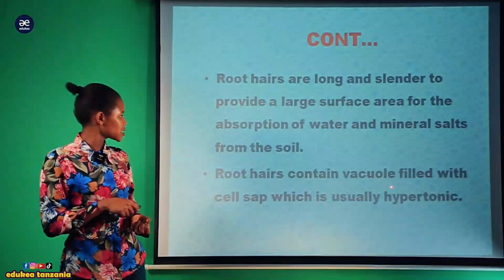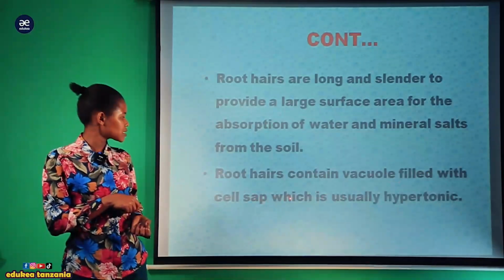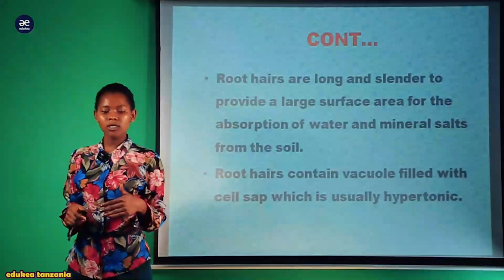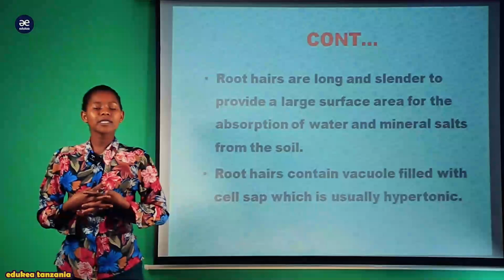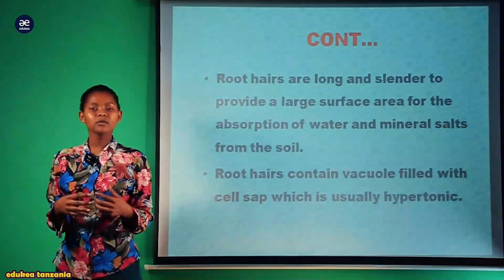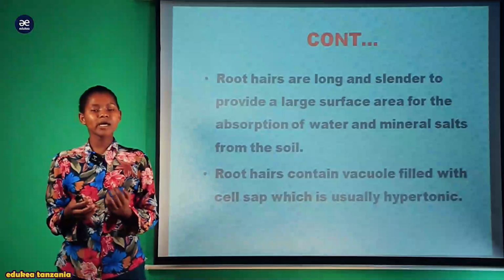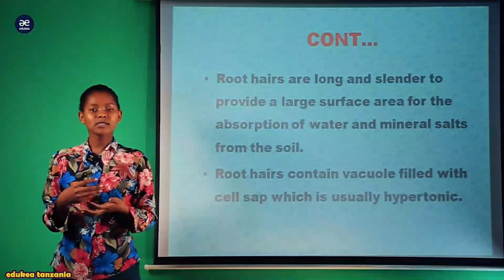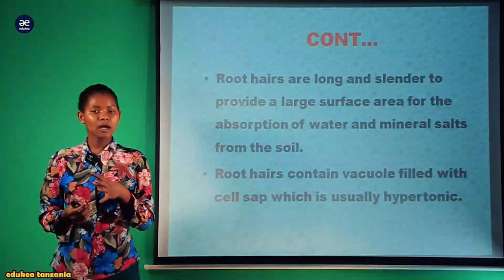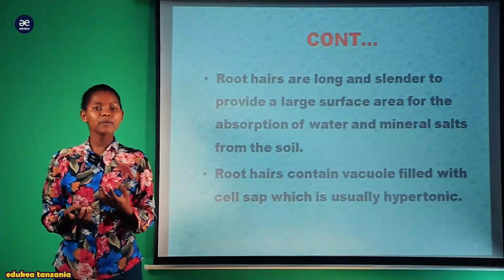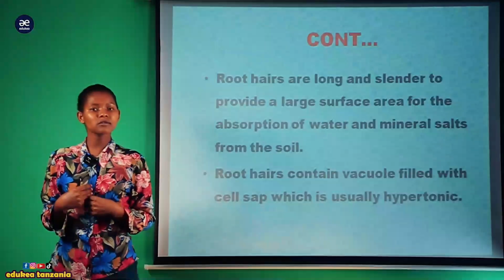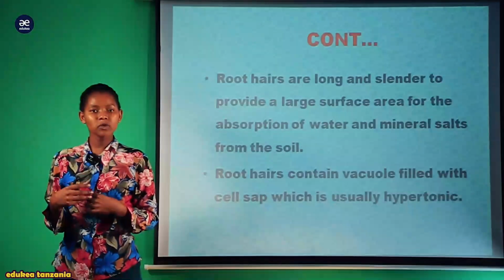Also, root hairs contain vacuoles filled with cell sap, which is usually hypertonic. So another thing to note ni kwamba root hairs zina contain vacuoles, ambazo within vacuoles kuna cell sap. Tukizungumzia cell sap ni materials found inside the cell, and this cell sap ni very concentrated with nutrients and other minerals, so it is hypertonic.